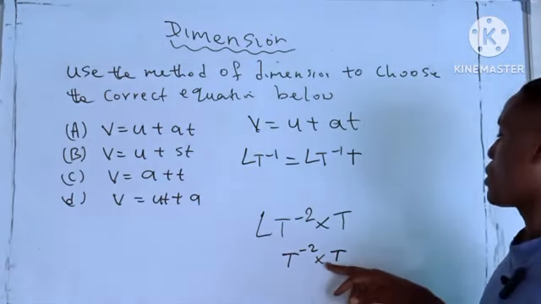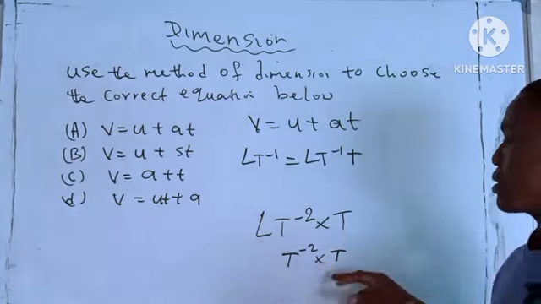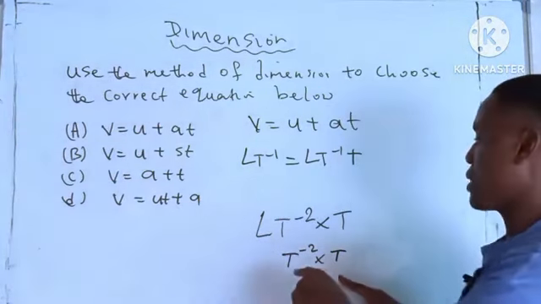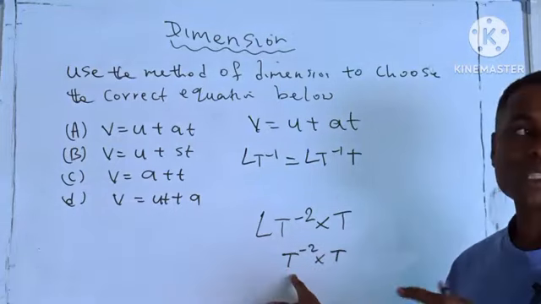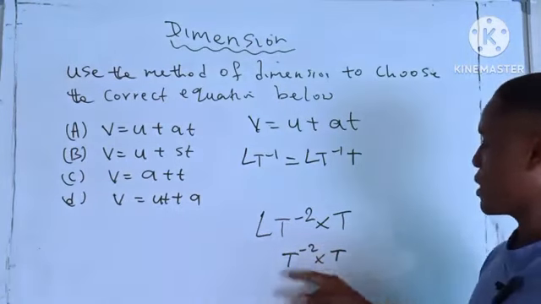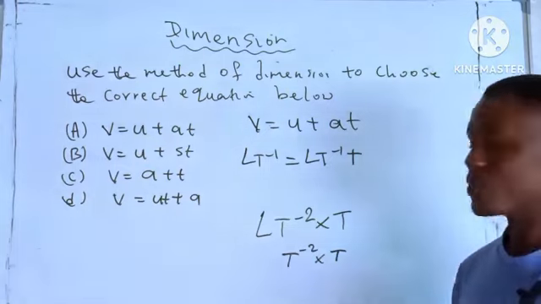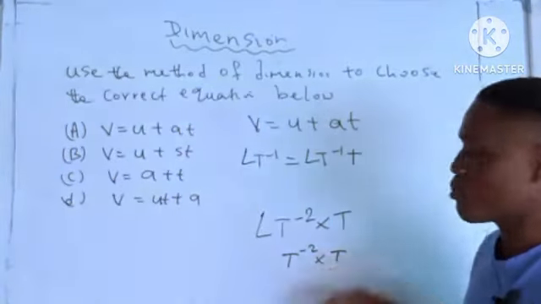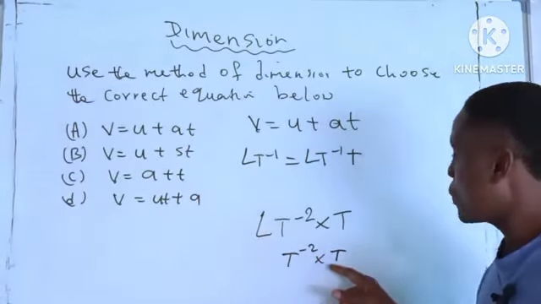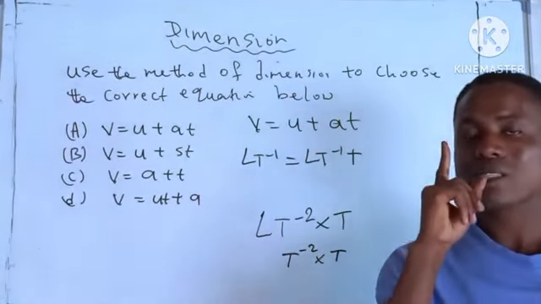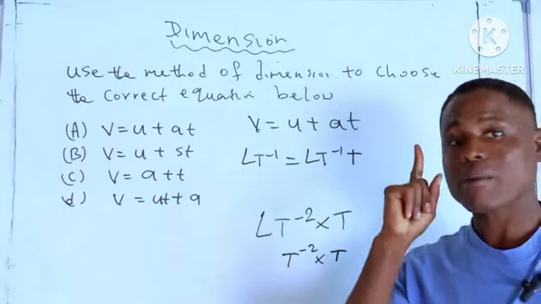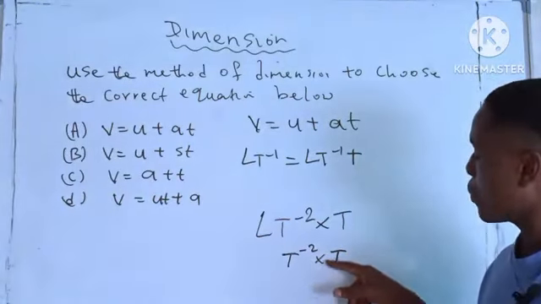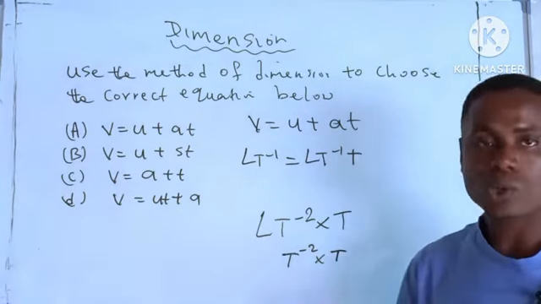I repeat, one of the laws of indices states that if the two base numbers or the two base alphabets are the same or similar, you can notice that T and T are the same things now, isn't it? And the middle is multiplication. Take note. What you do is you take only one base, and if the middle is multiplication, you add the upper numbers.